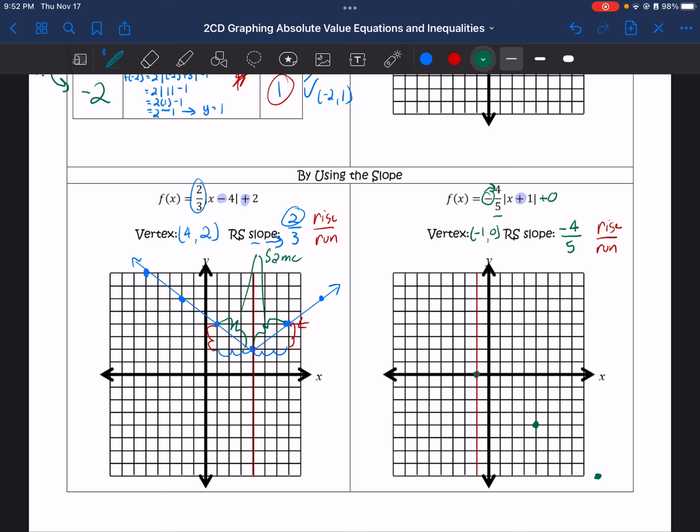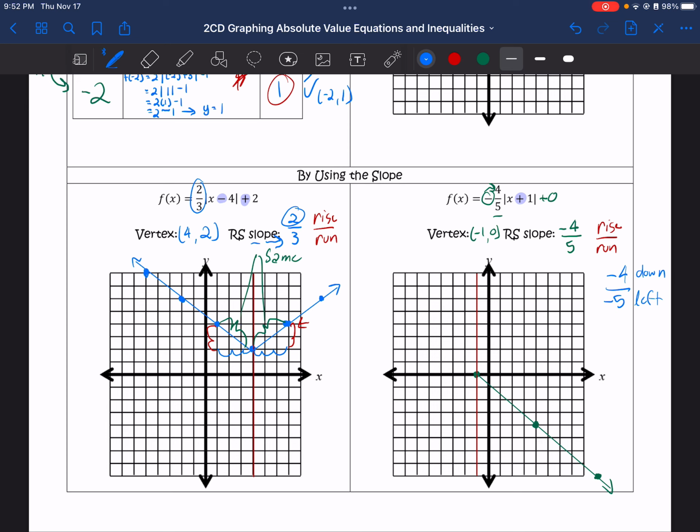So we are going to find the points that correlate with our slope. So remember that we're going to keep our top, but then we are going to change our bottom. So that means we are going to go down 4 and we're going to go left 5.